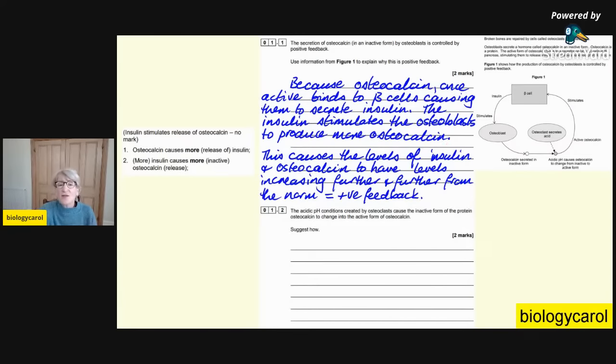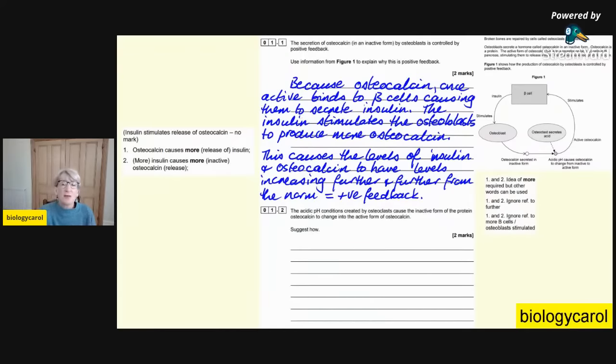And at the end of this answer, I wasn't even sure that I'd written quite enough. So I actually gave that definition of positive feedback to really show that I knew what the content was. So here's the mark scheme.